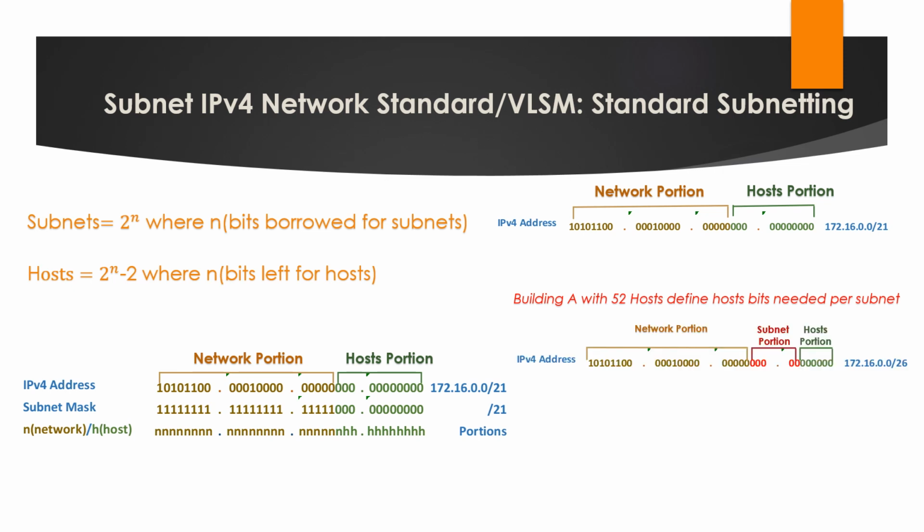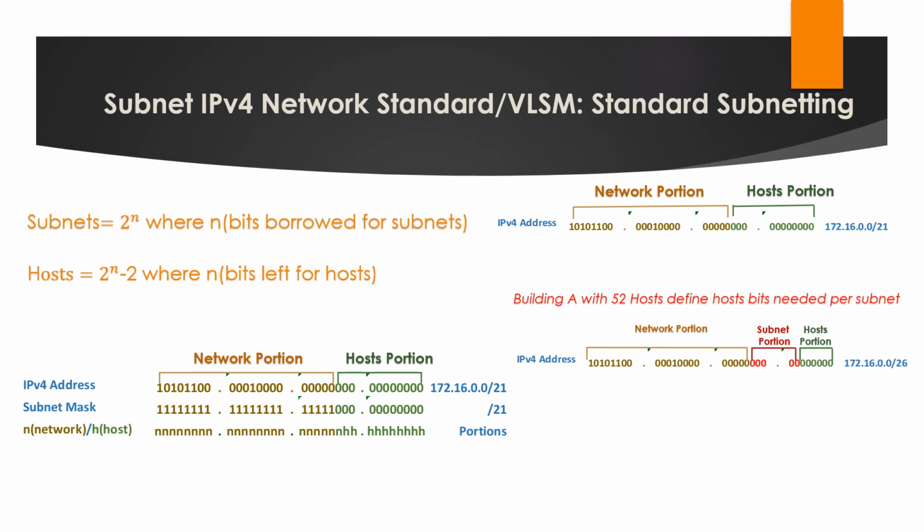If we go to the IPv4 address provided by the Internet Service Provider, we know that we need 6 bits for connecting 52 hosts, and the rest of the bits in the host portion will be borrowed for creating subnets.